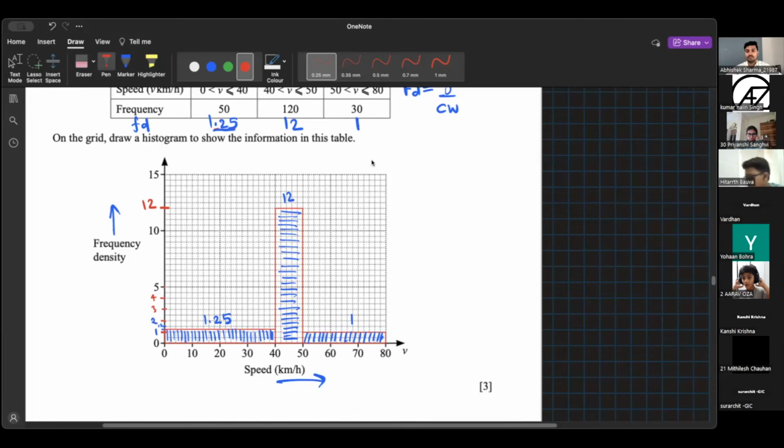I'm talking about this line. Not required.